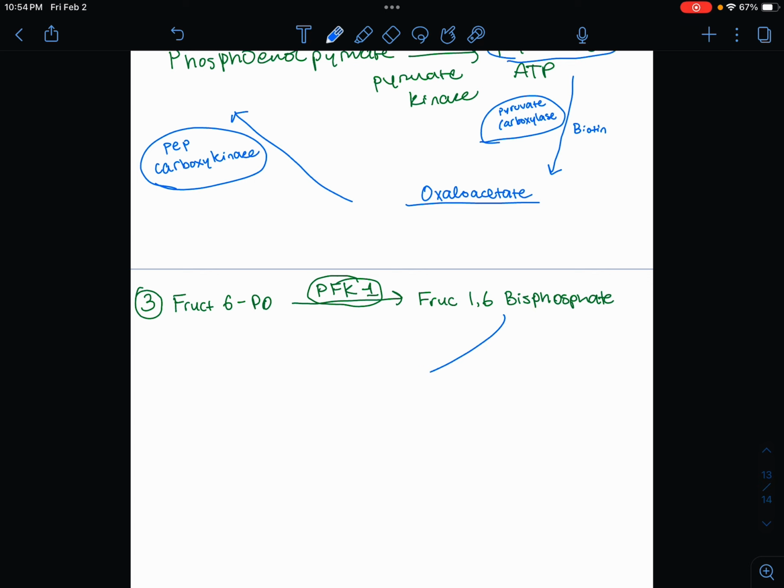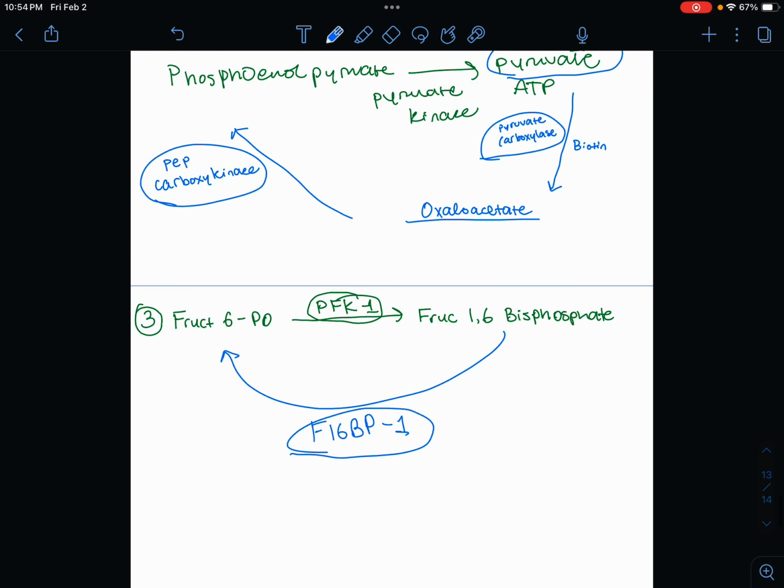So actually, I need to draw my arrow like that. We're going to be using the enzyme fructose 1,6-bisphosphatase 1, so that's F16BP1. That enzyme is going to take us back to our fructose 6-phosphate in gluconeogenesis.